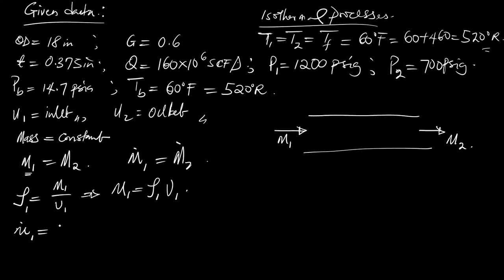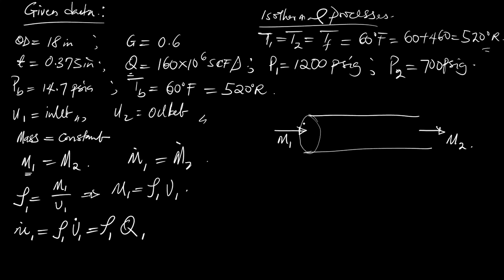The mass flow rate at this point will be the density times the volume flow rate, and the volume flow rate is expressed as Q. The density at this point does not change.